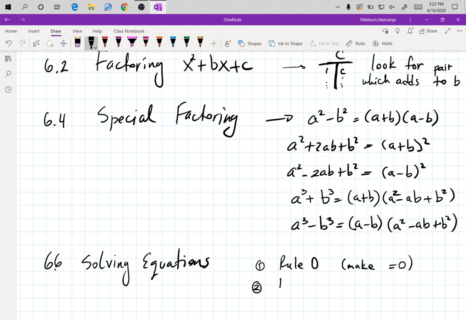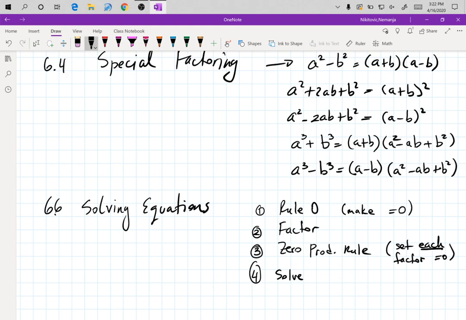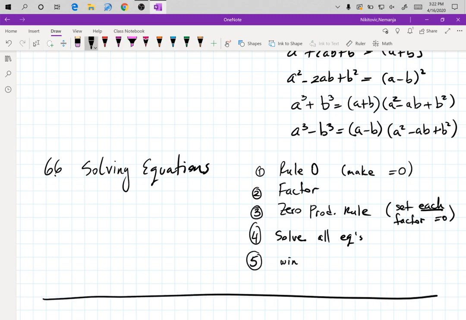Then number 2 was factor, so that's anything that would work. Number 3 was the zero product rule, which is set each factor equal to 0. Number 4, solve all equations. Those are the simple ones, right? And number 5, win. That's the exam.